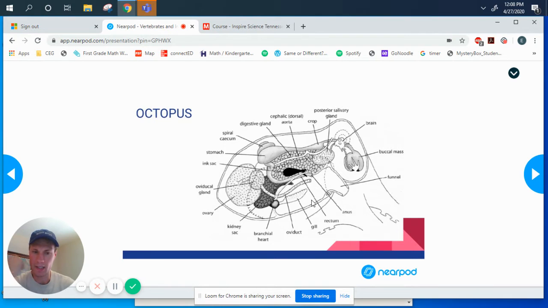I don't see a hard skull protecting its brain. I don't see any bones for the tentacles. I don't see any bones for the backbone. It's got no real hard skeleton. It doesn't have the central nervous system like we see in the dog, chicken, and fish. Interesting.